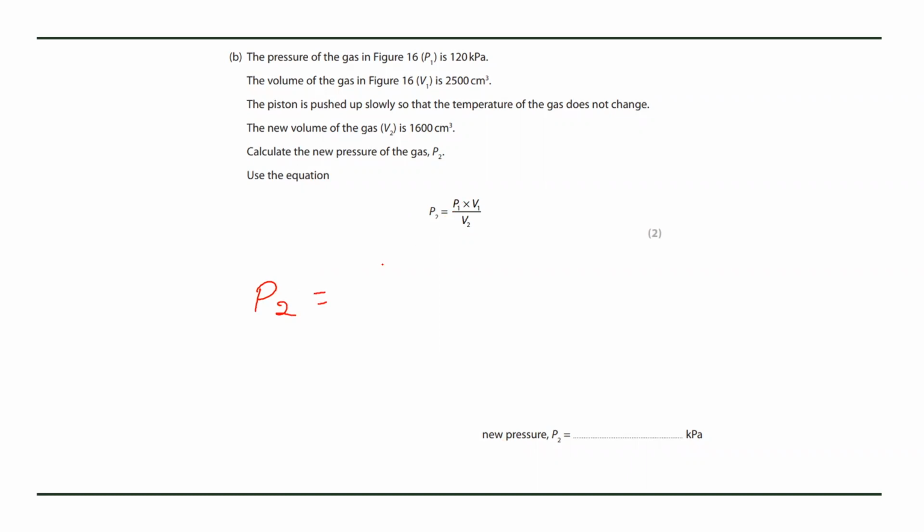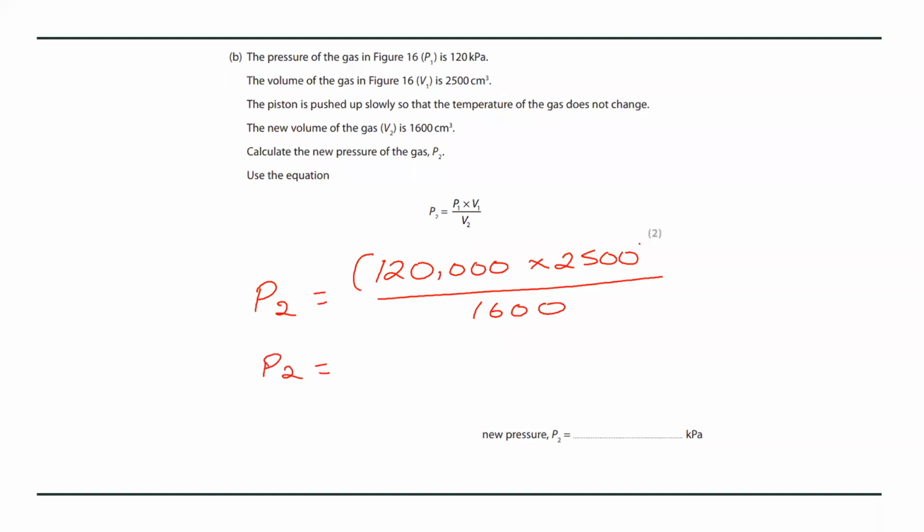So P1, 120. Right, we're going to put it as its whole number, 120,000, so it's kilos, 1,000, times V1. So V1 is 2,500. Divided by V2, 1,600. So these numbers look quite big, but you can do that with a calculator. Right, so 120,000 times by 2,500.